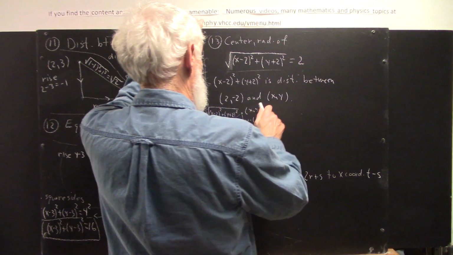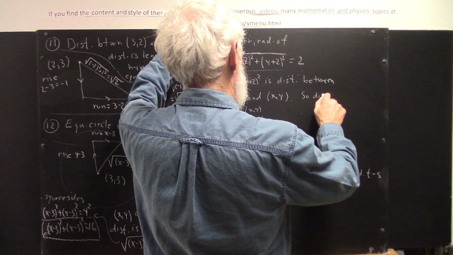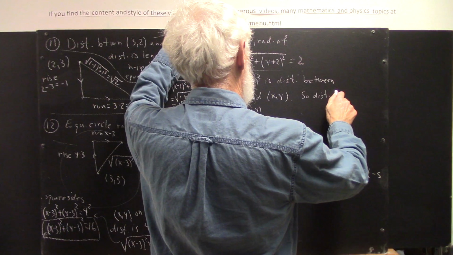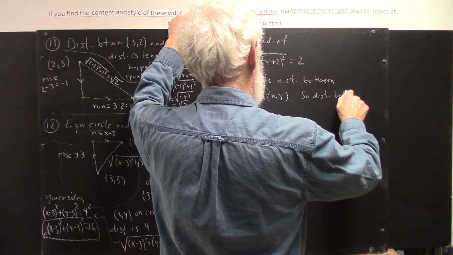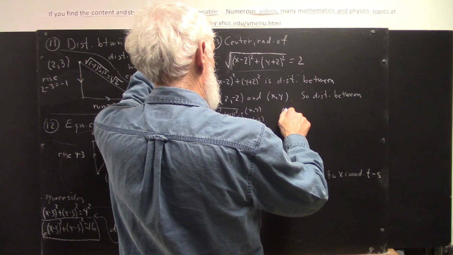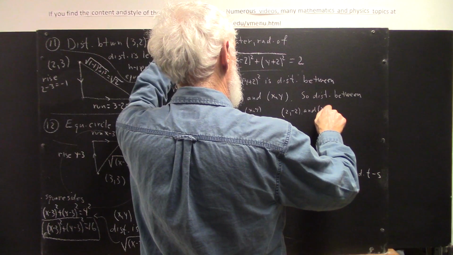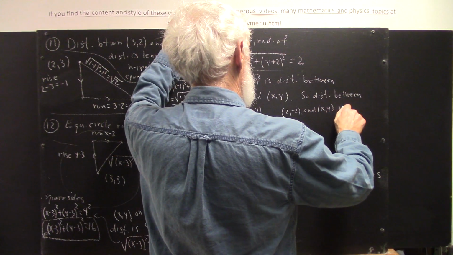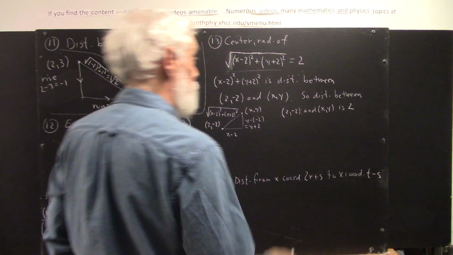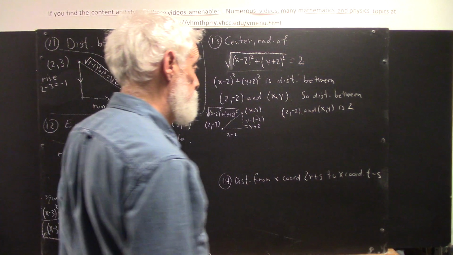And this says that this distance is 2. Okay, well then we can conclude that the distance between 2, negative 2 and x, y is 2, from the fact that that distance is said to be equal to 2.